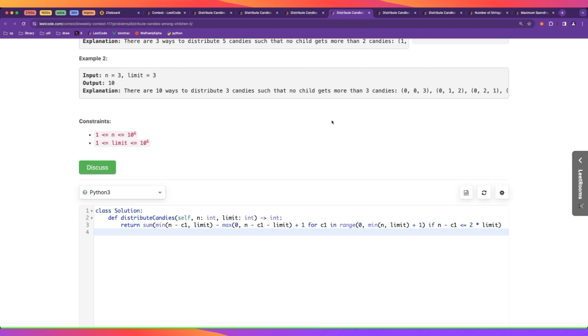So we can express this. If we have this expression, we can change it by moving C1 to the other side and 2 times the limit. So this is equivalent, and that is giving us a lower bound for C1. So instead of having the if statement, we could have this here.